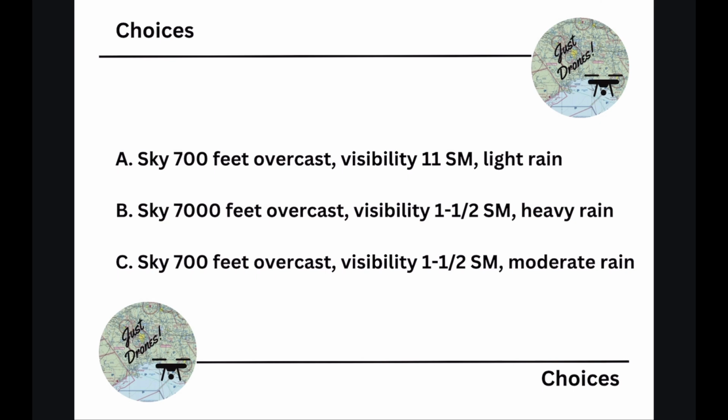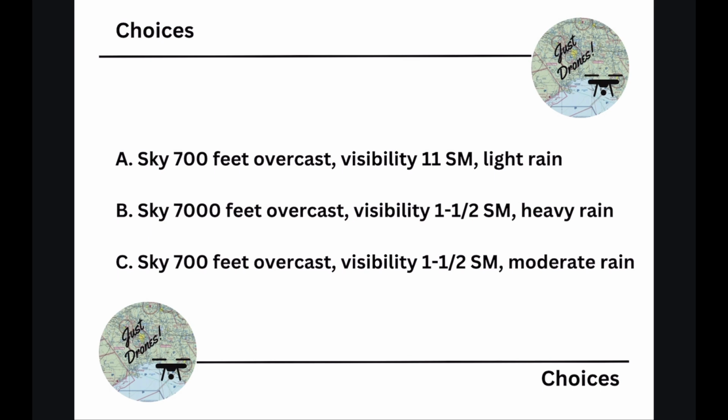But looking at this, we have two skies 700 feet overcast, and then we have one that's 7,000 feet overcast. So that possible answer choice, B, 7,000 feet overcast is a lot different from 700. So I might just, in my mind, go ahead and eliminate that possible answer choice. And that leaves me with A or C.